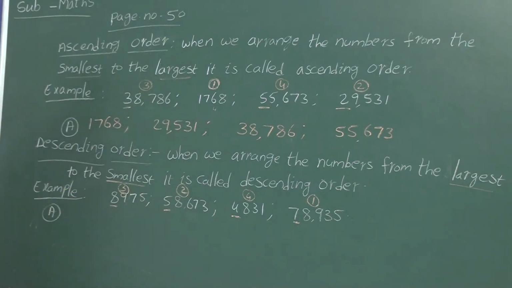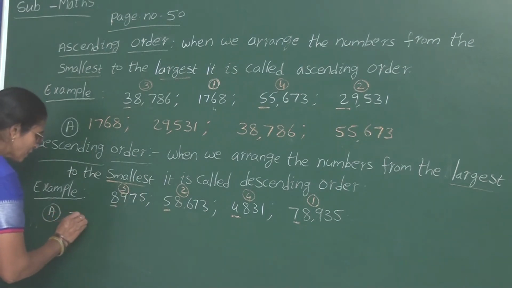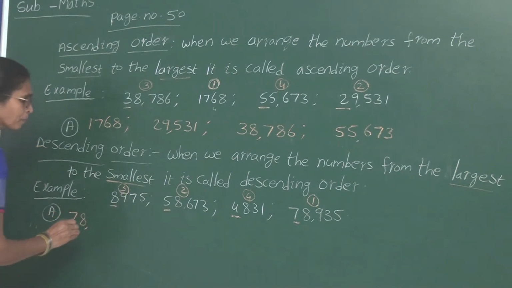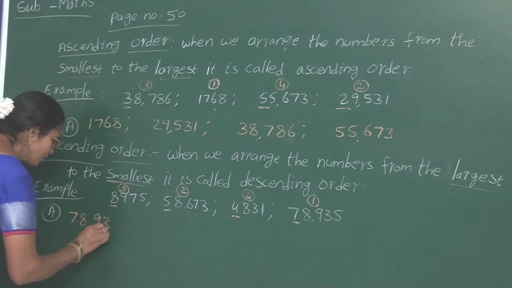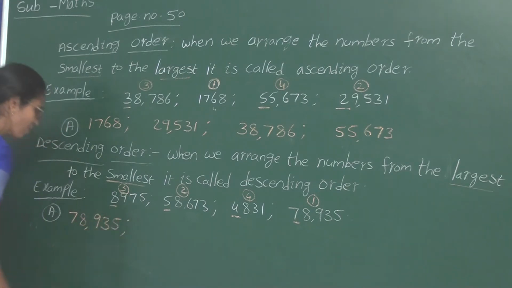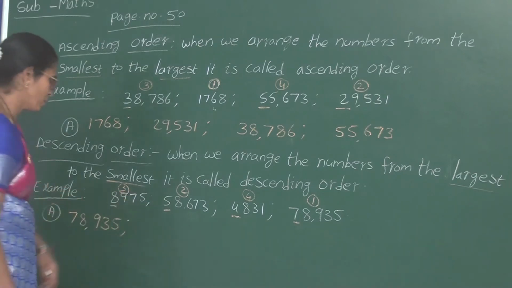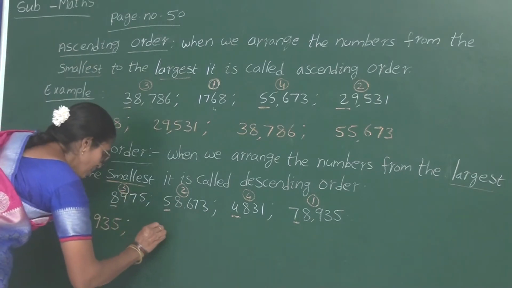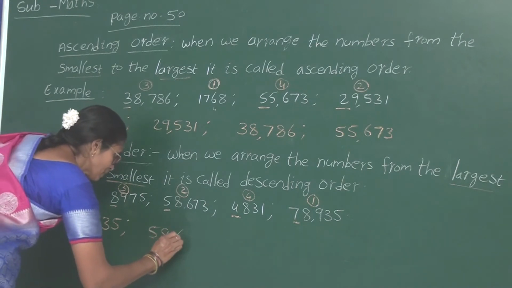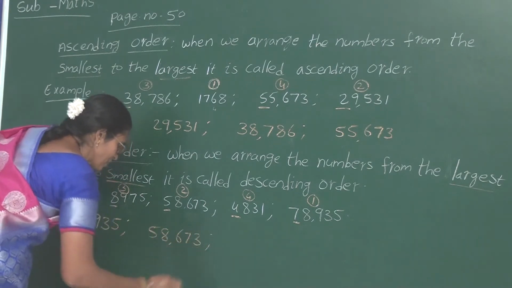So we will write, arrange largest number. What is the largest number in this given question? 78,935. This is the first number. First greatest number is this one. Next place, what is that? 58,673.